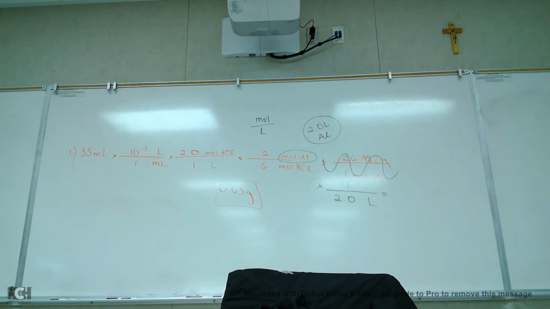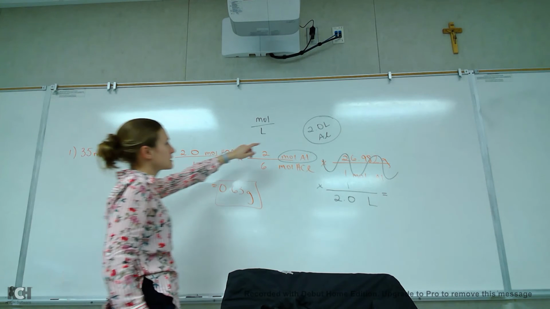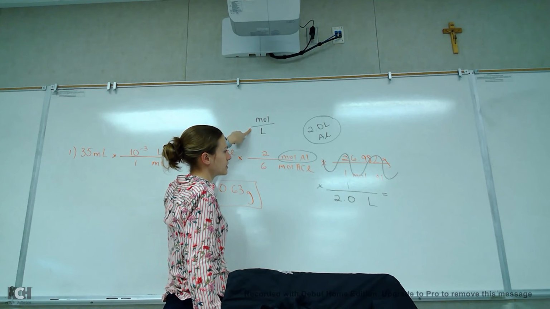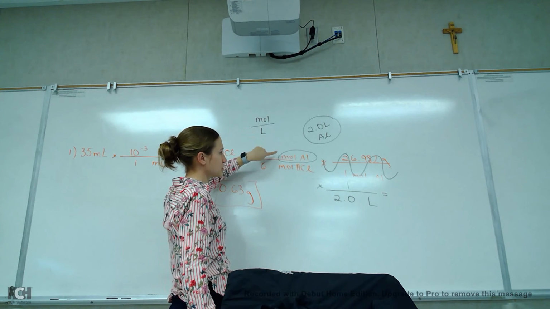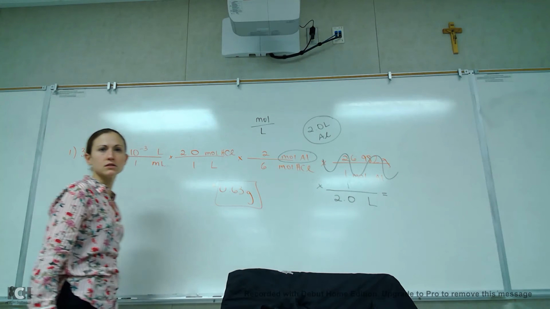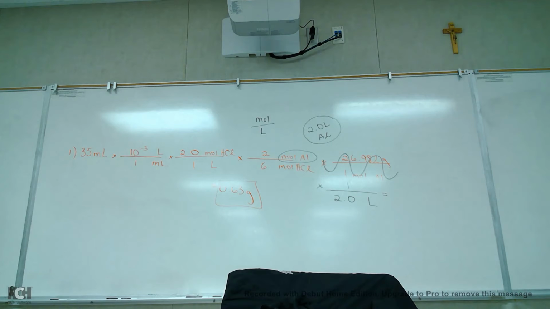So if you want your final answer to be in moles per liter because you want the concentration, remember, to find concentration, you just take moles and divide by your volume in liters. So keep that in mind, and when you come to it again, you won't be totally confused and bamboozled, and you'll be able to get it. So that was 1 and 2. 3.